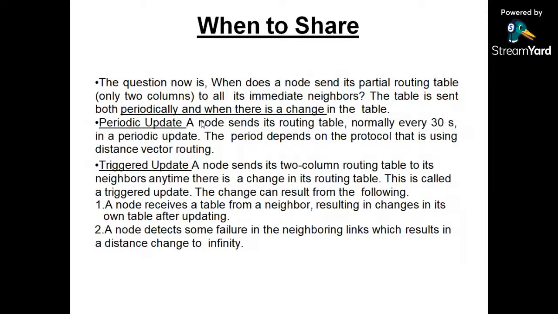Now, while sharing, when to share is the question.